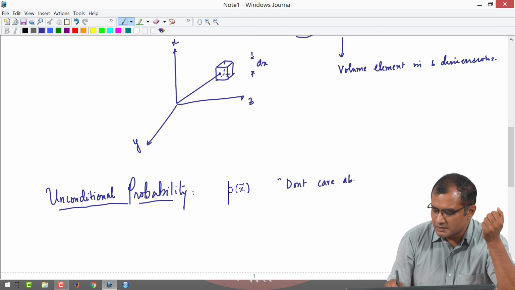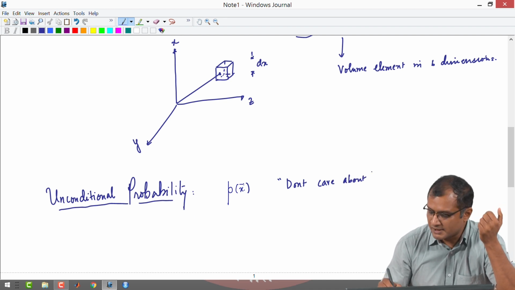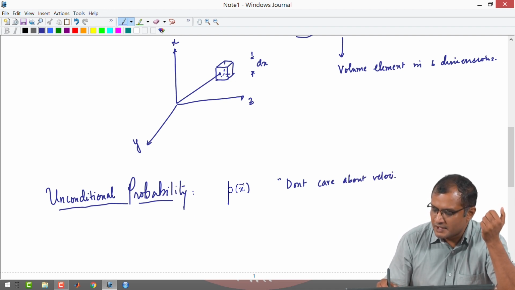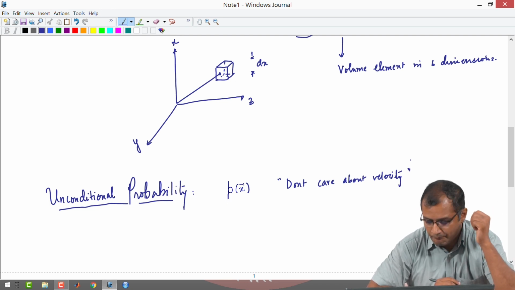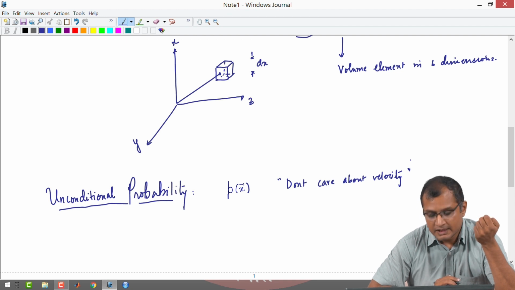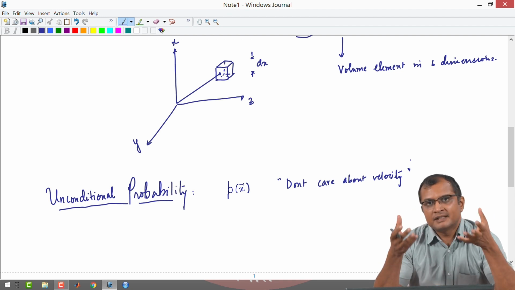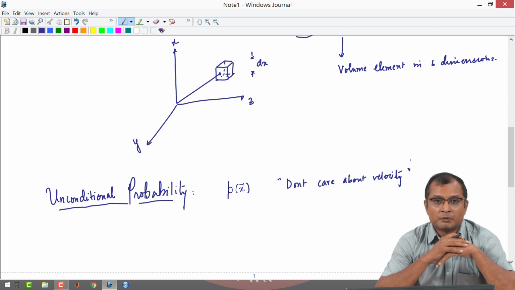You say that I don't care what the velocity is, all I want to know is the probability of finding a particle at location x. Now what that means is that you're asking an unconditional probability estimate.